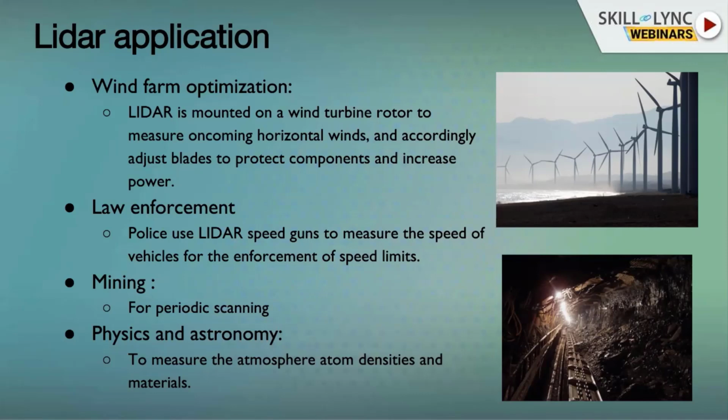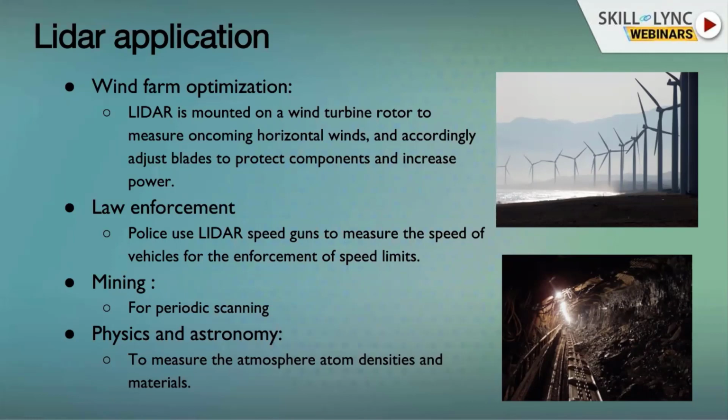Law enforcement: currently, I have not seen much in India, but in the US and UK the police usually use it, and in India also, in metro cities, they are using it. They are using the lidar gun. It's a kind of lidar sensor inside, to measure and get the speed of the vehicle.